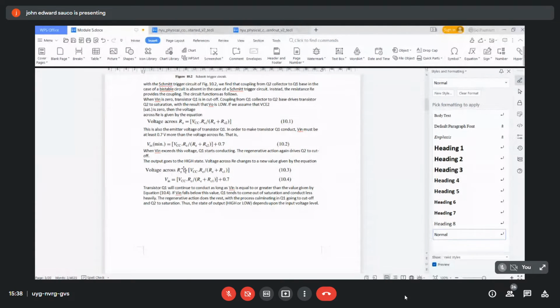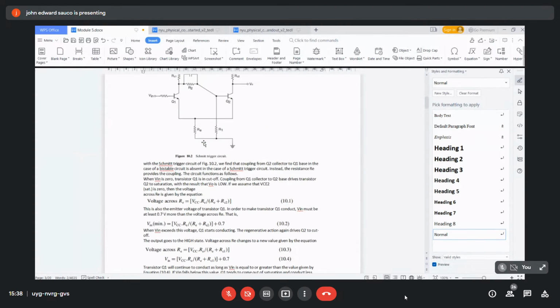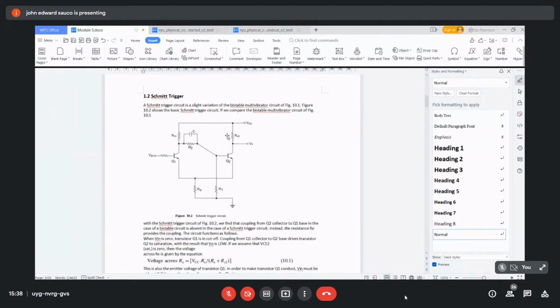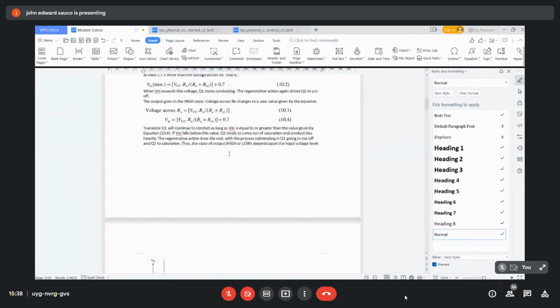Now the formula for the high state differs in that it uses RC1. Earlier, in the low state, it was RC2; now in the high state it is RC1, since it concerns Q1 and Q2 is cut off. Q1 will continue to conduct as long as Vin is equal to or greater than the value given by the equation.